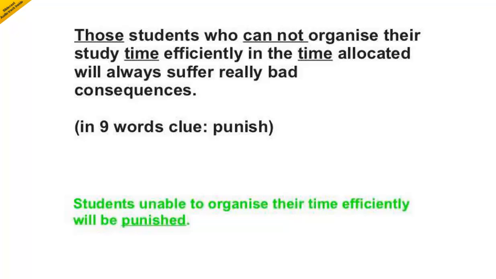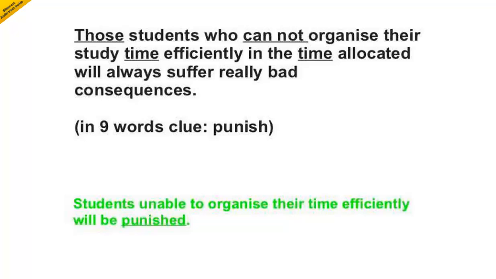We can say students unable to organize their study time efficiently in the time allocated, blah blah blah. And once again we've got 2 words, exactly the same words in the same sentence. Not a good idea. So what would be better would be students unable to organize their time efficiently.